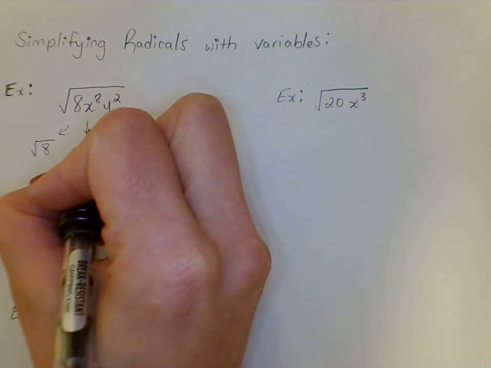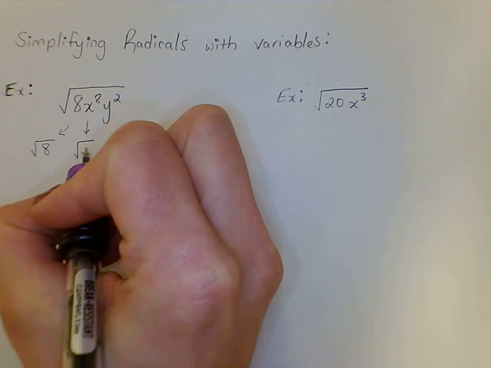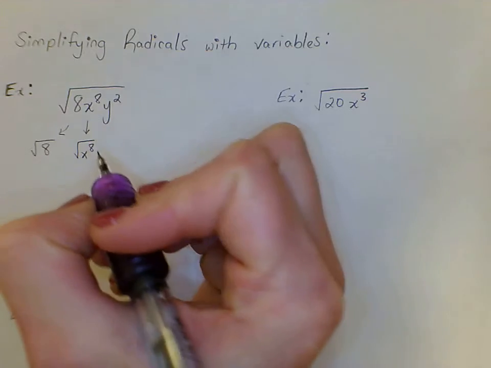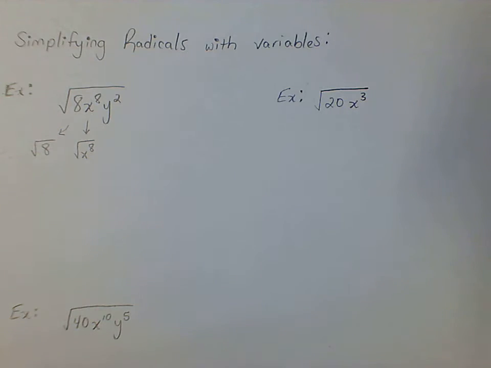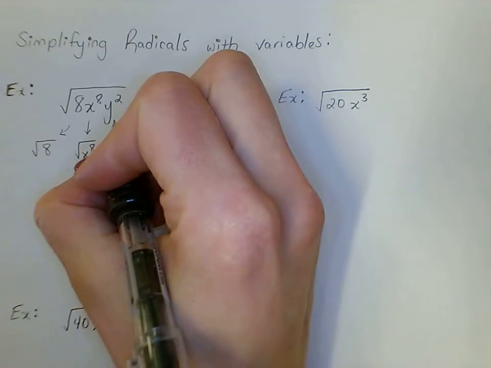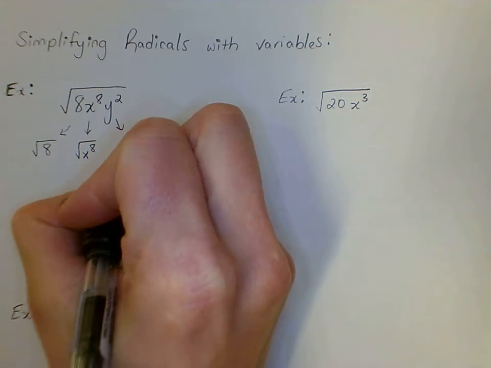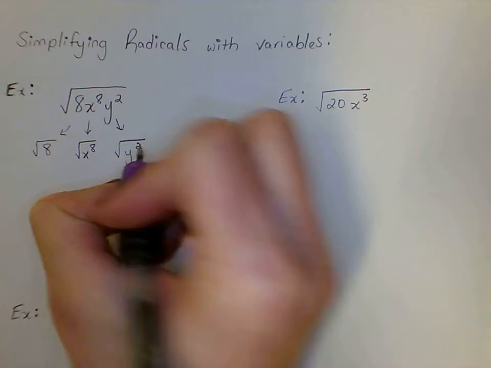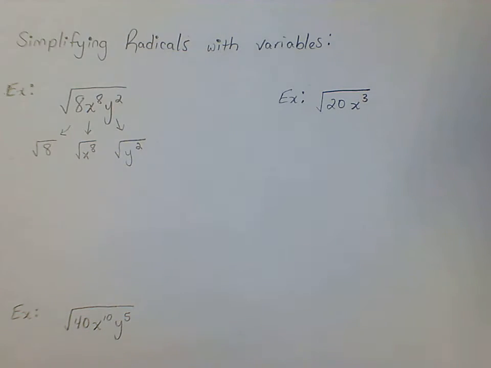So you're going to write it underneath its own radical, and you have to leave it underneath the radical because you haven't actually taken the square root yet. And then you have that y to the 2nd, so you're going to break that down into its own radical. That way it breaks it into pieces so that you can deal with one thing at a time.